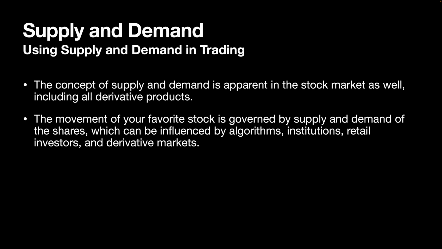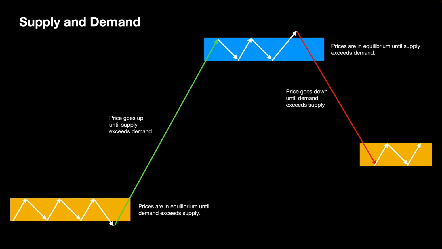So let's look at a high-level picture of a stock. You have this stock in consolidation, and prices are in equilibrium until demand exceeds supply. What does that mean? People are willing to pay the prices sellers are offering, and then all of a sudden they get really excited because some news comes out, or this stock's going to be the next great stock of all time, or there's a short squeeze, or whatever it might be.